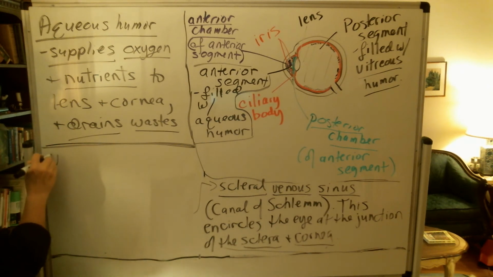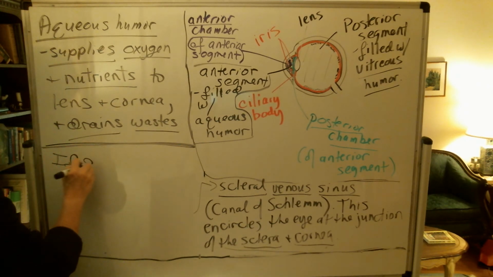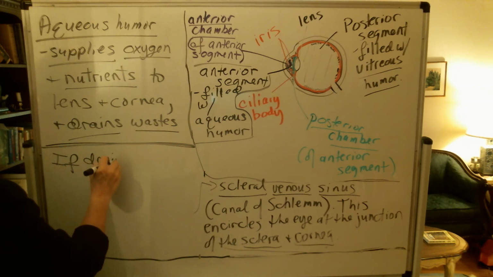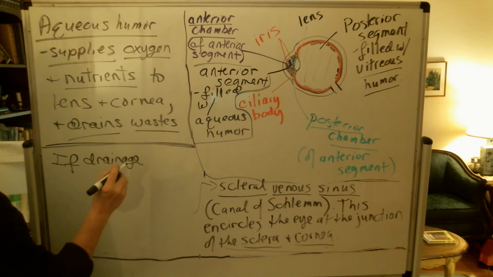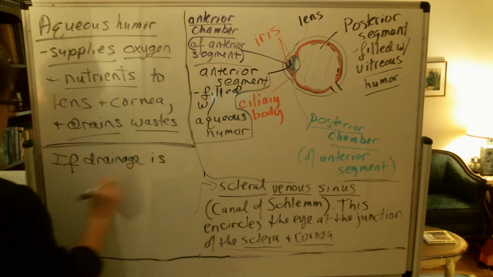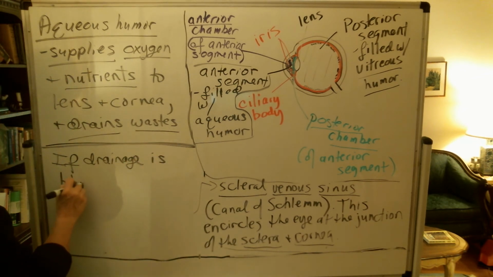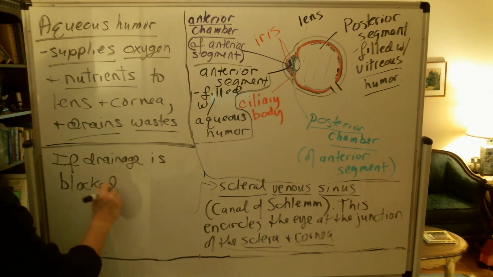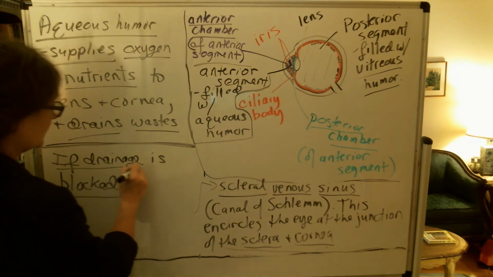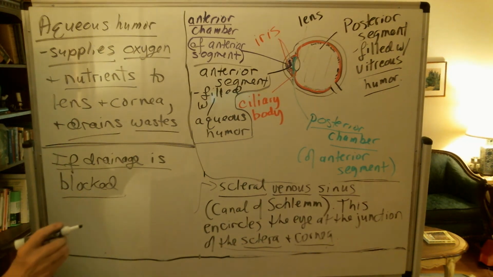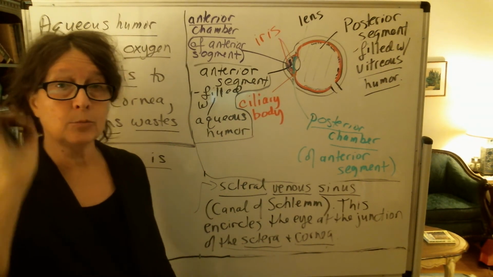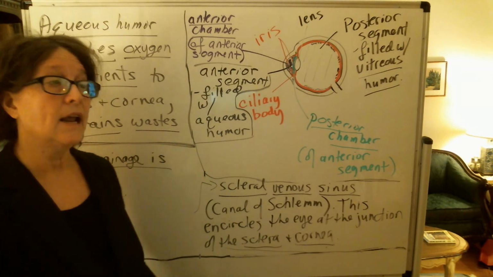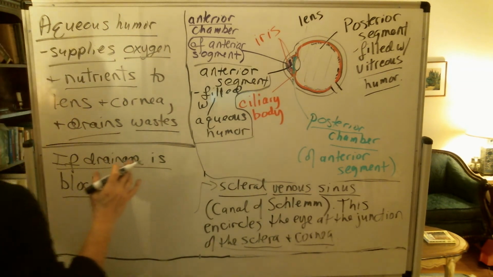Now, we have this stuff constantly being made and constantly being drained. You can see a problem here if the drainage is blocked. If somehow or another you keep having aqueous humor made, but on the other hand, the aqueous humor does not drain away at the same rate, then you've got a problem.